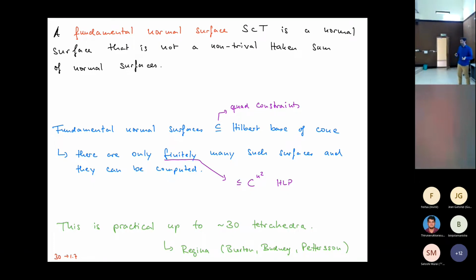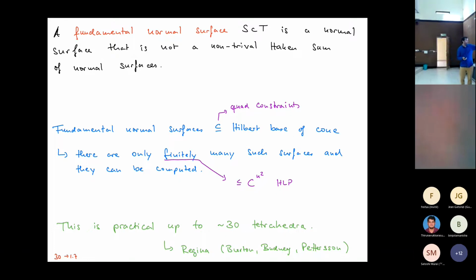Because we're in this cone, we can have a Hilbert basis, meaning a collection of integer points in this cone, such that every other integer point in this cone is a linear combination of these fundamental elements in the Hilbert basis. So if we have a Hilbert basis of this normal surface solution space, then the surfaces corresponding to these points are called fundamental normal surfaces, right?